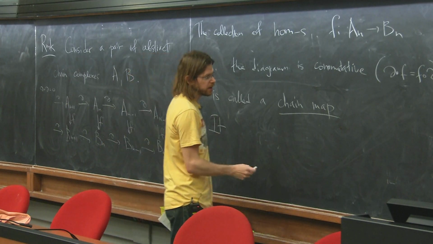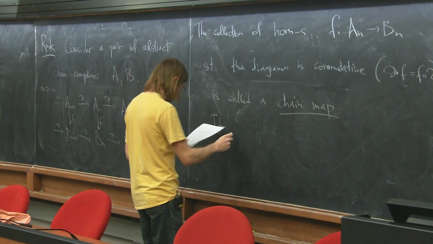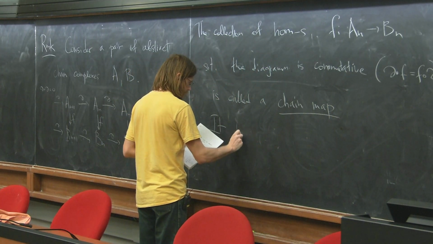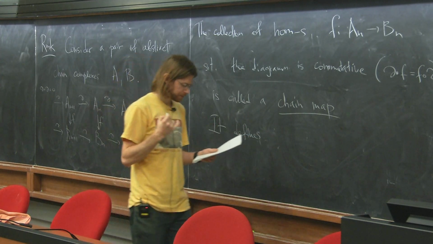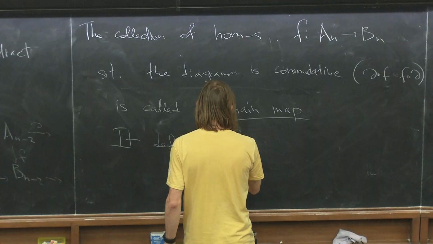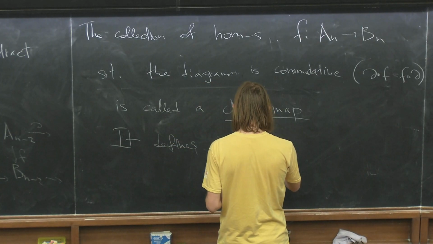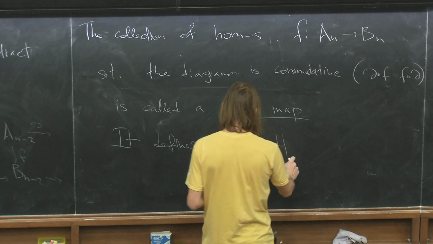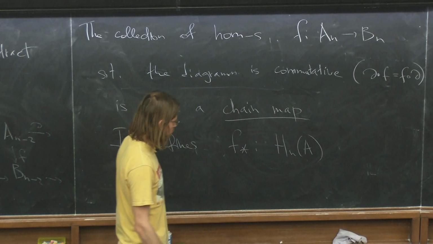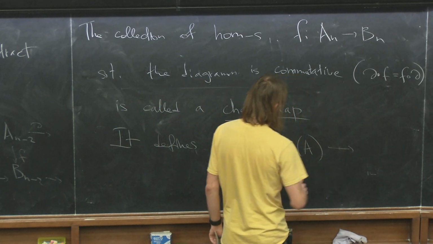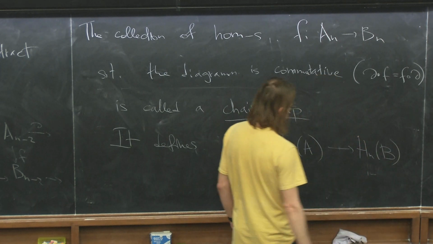Whenever you have the chain map, which by definition satisfies this property, it defines the induced homomorphism F star from homology groups of the chain complex A to the homology groups of chain complex B.